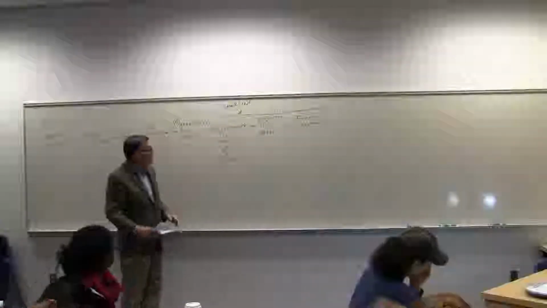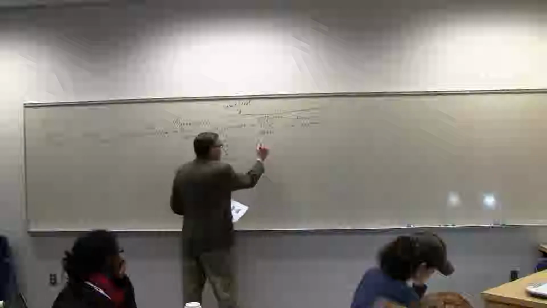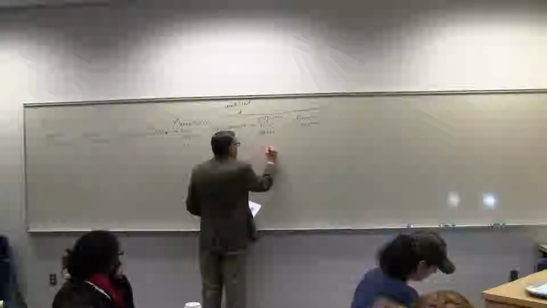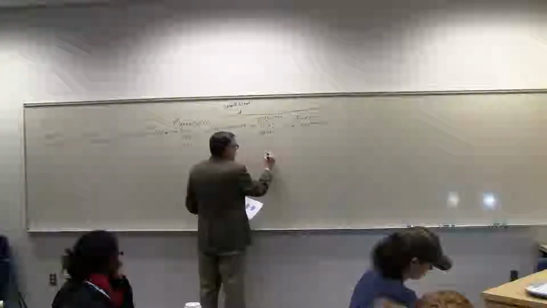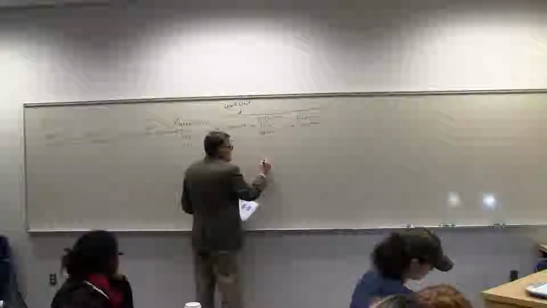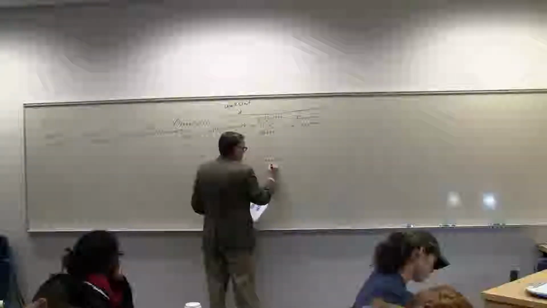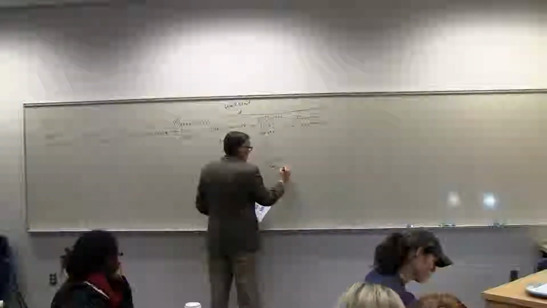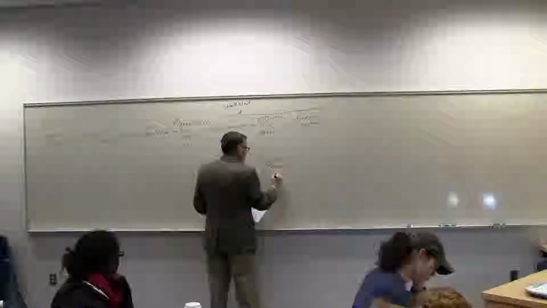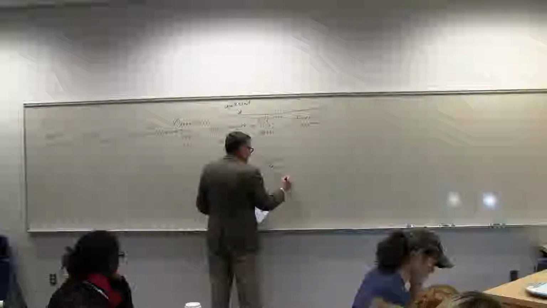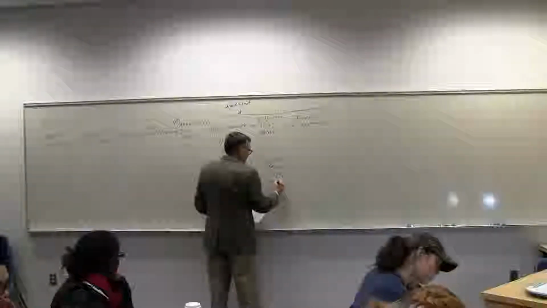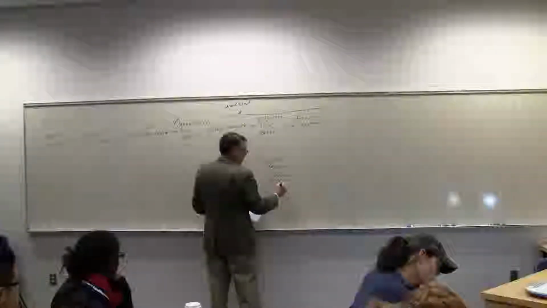The other thing that we're going to do is the closing. What the closing does is it transfers revenue, expense, and withdrawals. And drawing is a name for withdrawals, right?